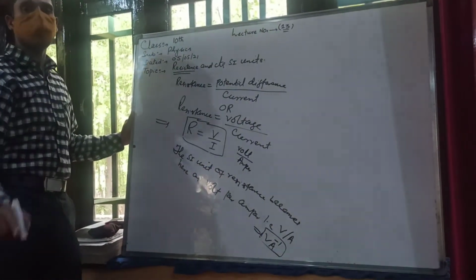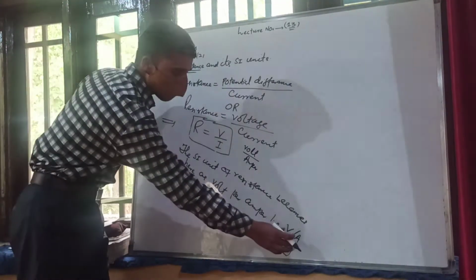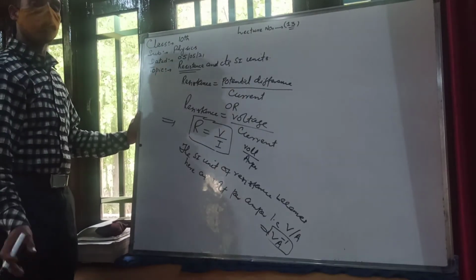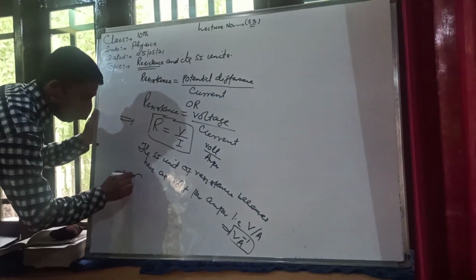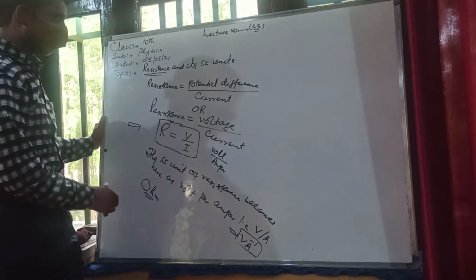Also, there was a famous physicist, his name was George Simon Ohm. He has replaced this unit and given his own unit, that is ohm, which means the SI unit of resistance is also ohm.